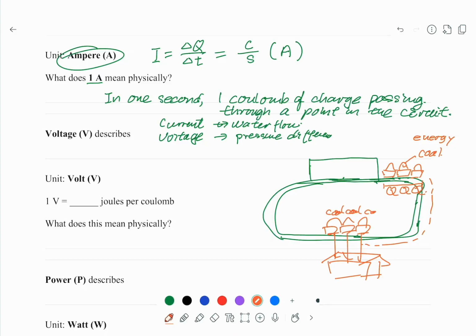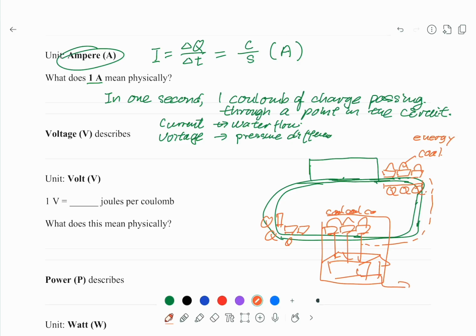So the energy carried by the train, or by the charge, will be converted. After passing through this, the train remains unchanged. You still have the train, so you still have the charge. But the energy of the charge has already been transferred to another form.